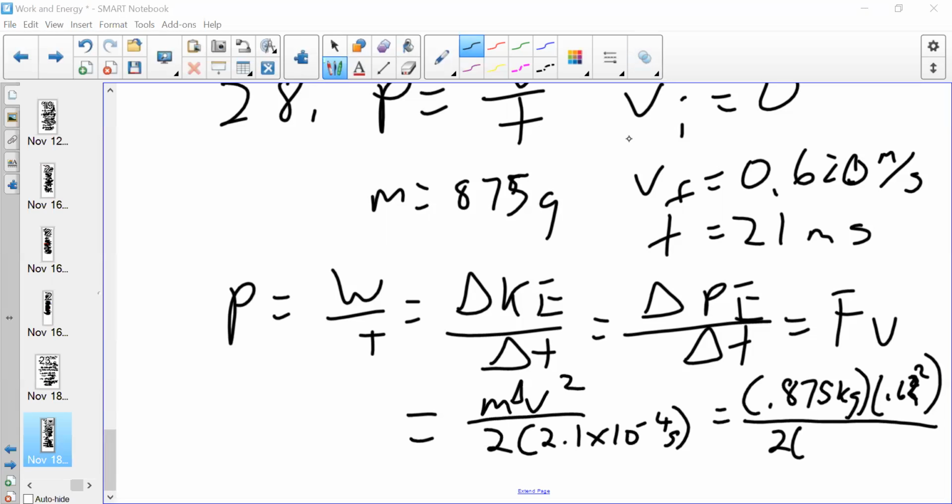Yeah, let's see. You mean the conversion or your final answer? No, because it's going to be 21 times 10 to the minus 3, and then we move the decimal over one more as 10 to the minus 4. Right?